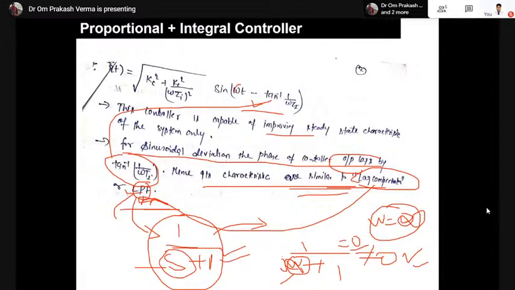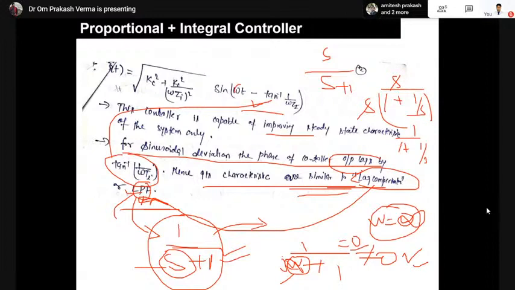I'm giving one more example. Let's say s upon s plus 1. If you want to solve this, take the common s, so it becomes 1 upon 1 plus 1 upon s. Now put s equal to j omega, and put omega equal to 0.